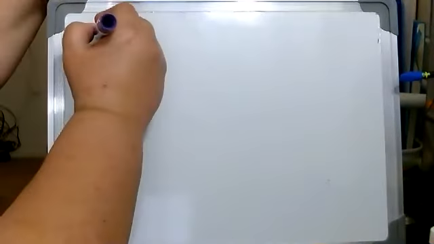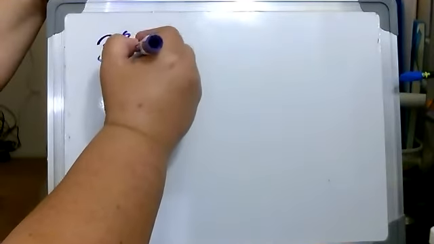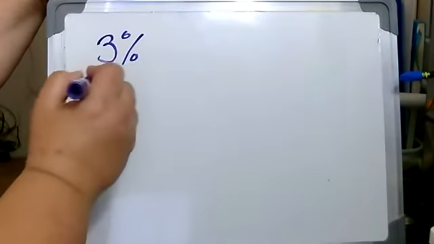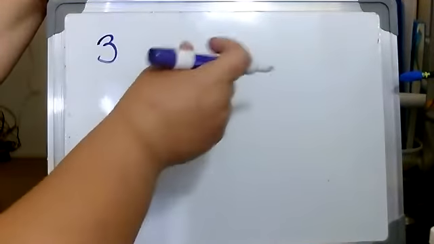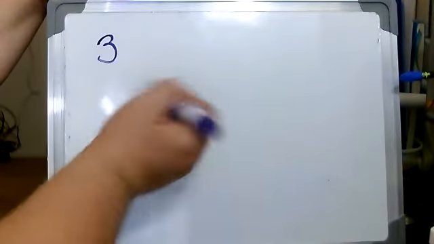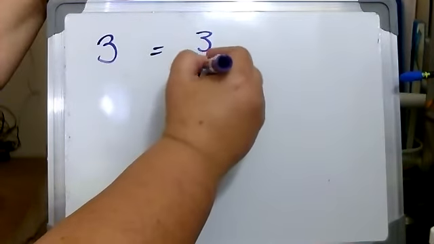So once again, if you're writing a percentage as a fraction, let's say 3%, you would just take this off and put it over 100. 3 over 100.